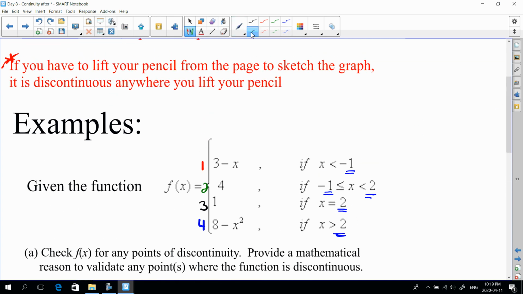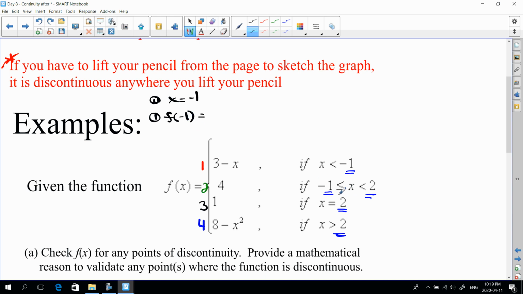So for starters, we'll go with -1. All right, I want to find what the defined height of the function is when x equals -1. Well, check this out. I have these two pieces of the curve where the -1 is involved. The defined height of the function is where x actually equals -1.